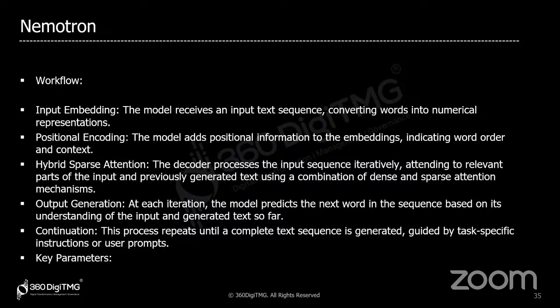The model adds positional information to the embeddings, indicating the word order and context. Hybrid sparse attention. The decoder processes the input sequence iteratively, attending to relevant parts of the input and previously generated text using a combination of dense and sparse attention mechanisms. Okay, so this is how it is. Then there is output generation and conclusions.